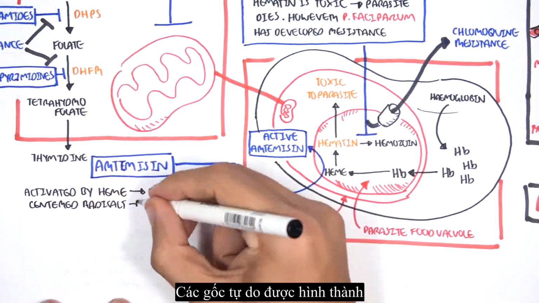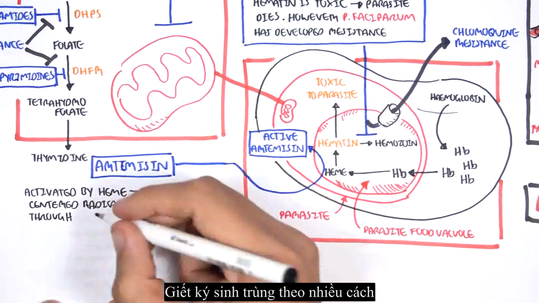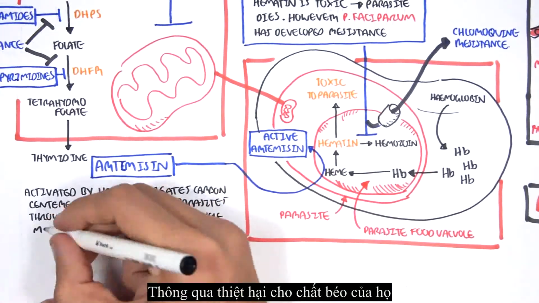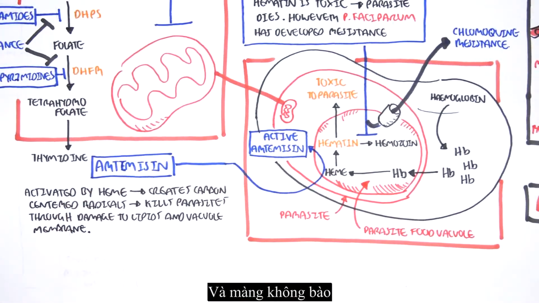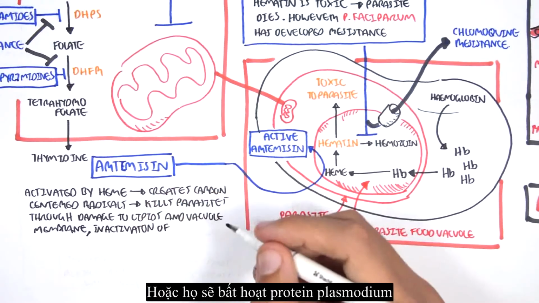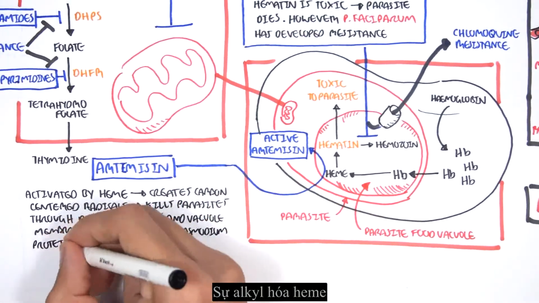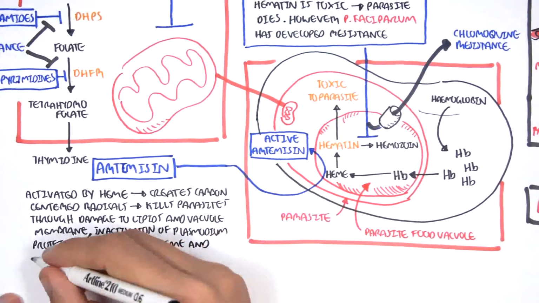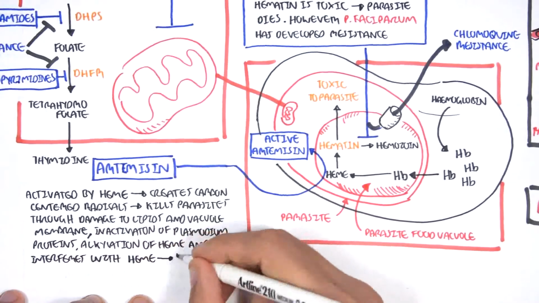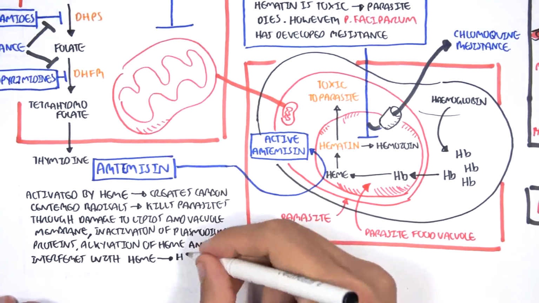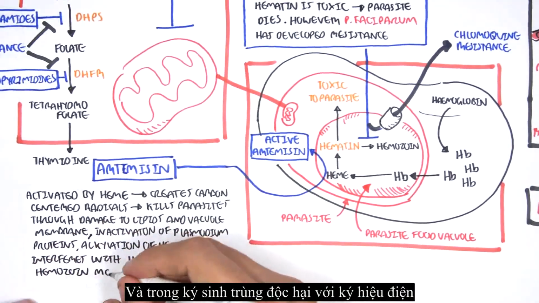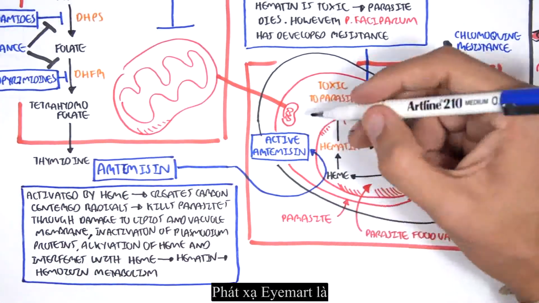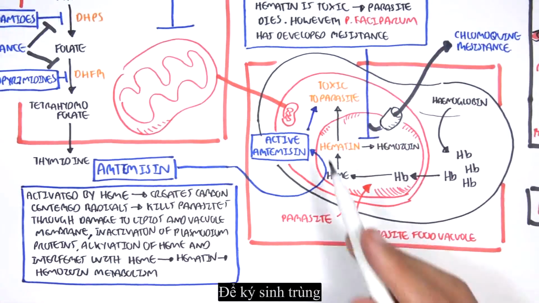The free radicals formed kill the parasites in several ways. They damage lipids and vacuole membranes, or inactivate Plasmodium proteins, alkylate heme, and also interfere with the conversion of hematin to hemozoin. Thus, it will increase hematin in the parasite, which is toxic to the parasite. So all in all, active artemisinin is toxic to the parasite.